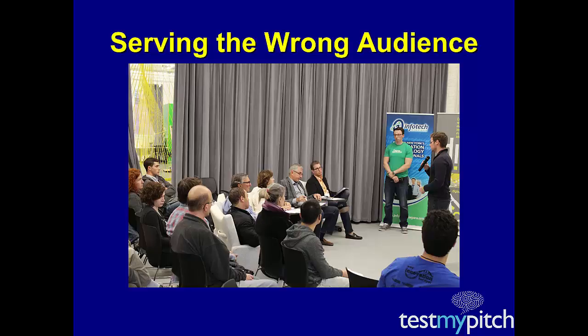So before we start the process, we determine who it is we're going to prioritize serving. Ideally it's the ventures or the entrepreneurs and so on, and we align our objectives first with that audience.